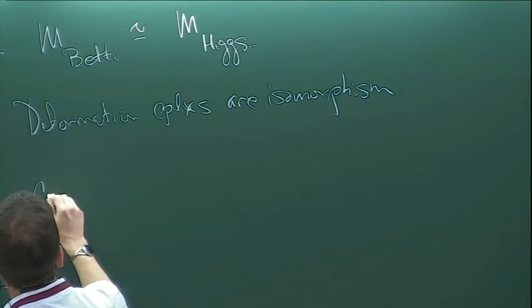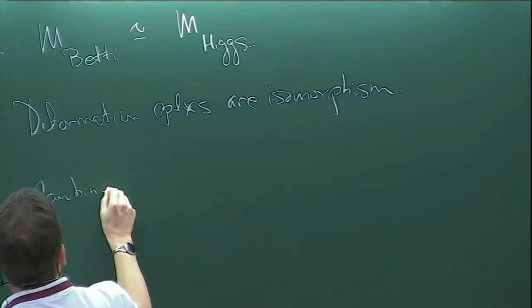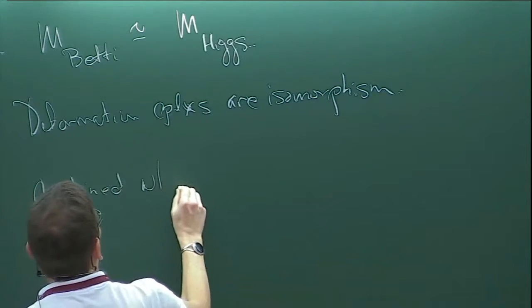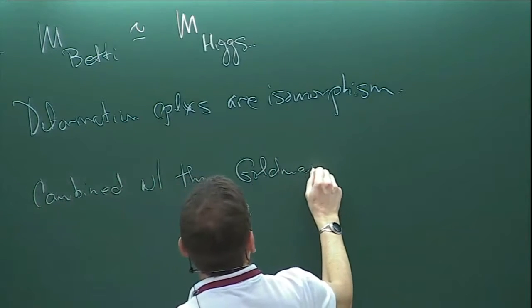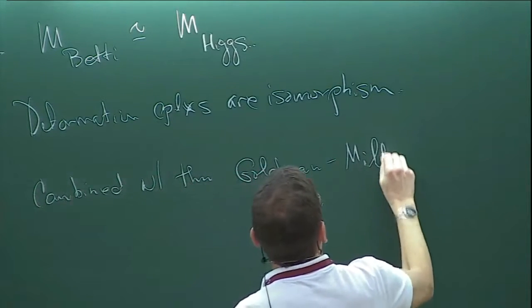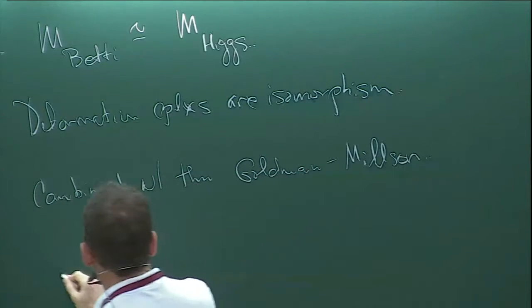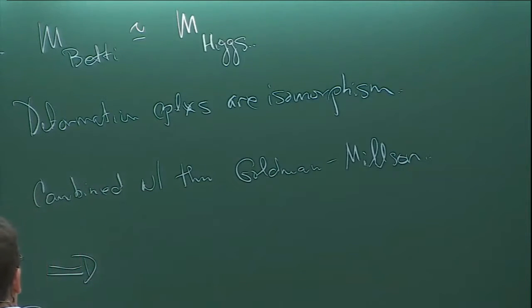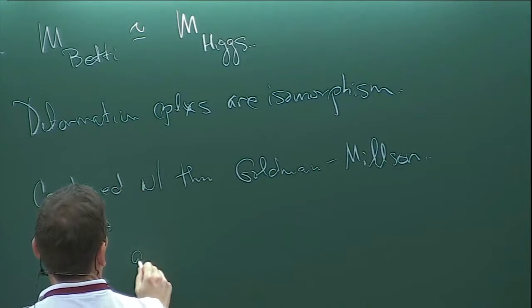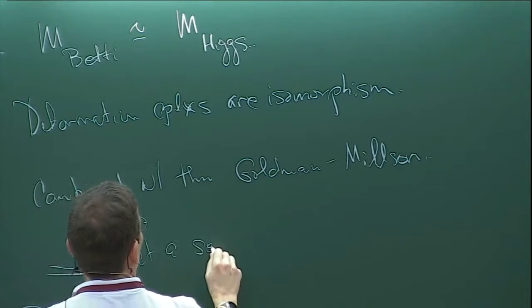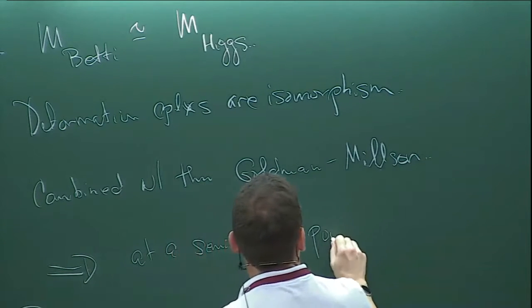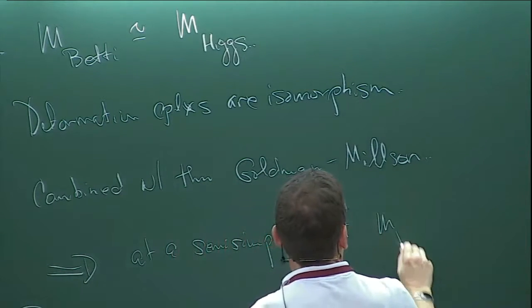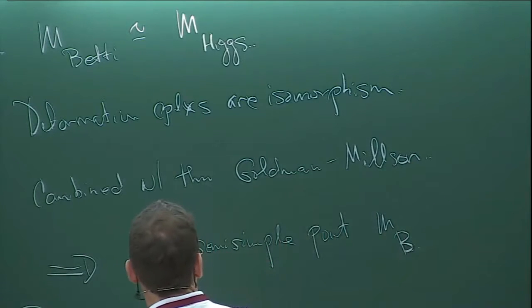And combined with a theorem of Goldman and Millson, this implies, and this was noted by Simpson, that at a semi-simple point, M_Betti is quadratic.